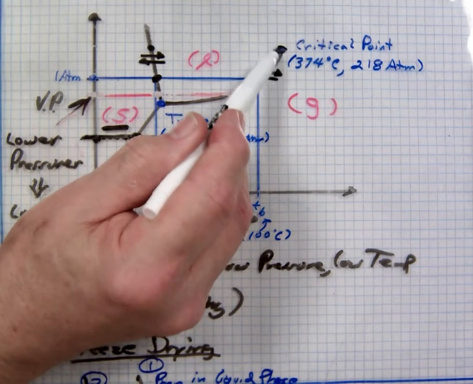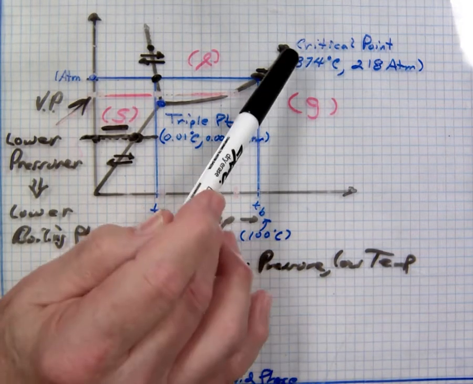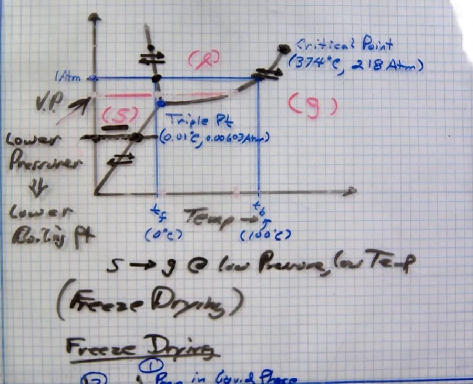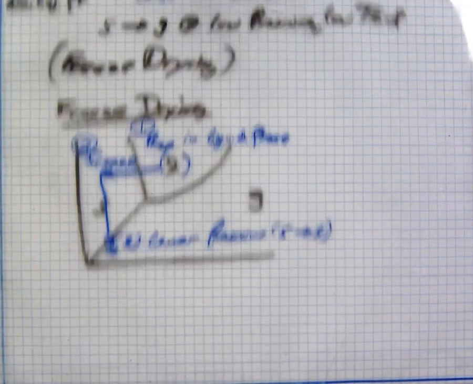The other point is the critical point up here, 374 degrees Celsius and 218 atmospheres. So keep that in mind for the short term. But here, if a liquid gets to the critical temperature, it cannot exist in the liquid phase any longer, and then it transitions into a gas phase explosively under those conditions. So 374 and 218.